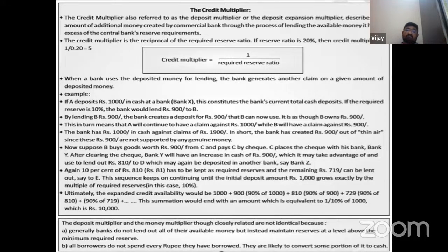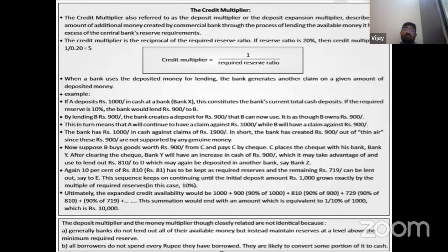The bank will not keep that safely in the locker. They will lend that. When they lend that money, they can't lend the entire 1,000 rupees. They need to maintain the reserve, which is instructed by the RBI, and only the balance can be lent.